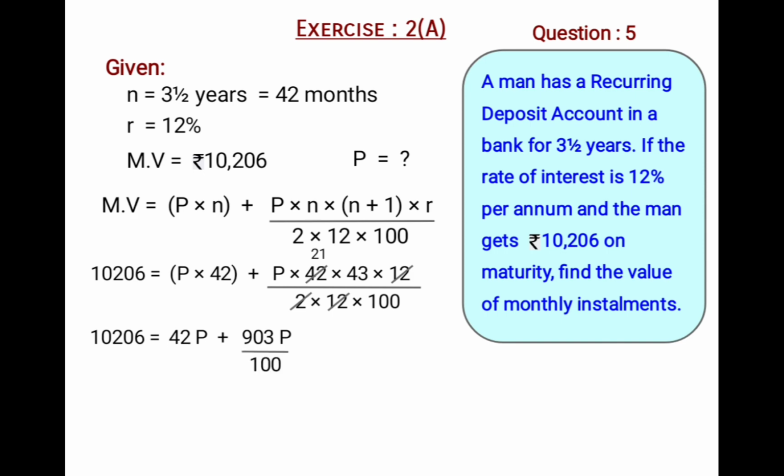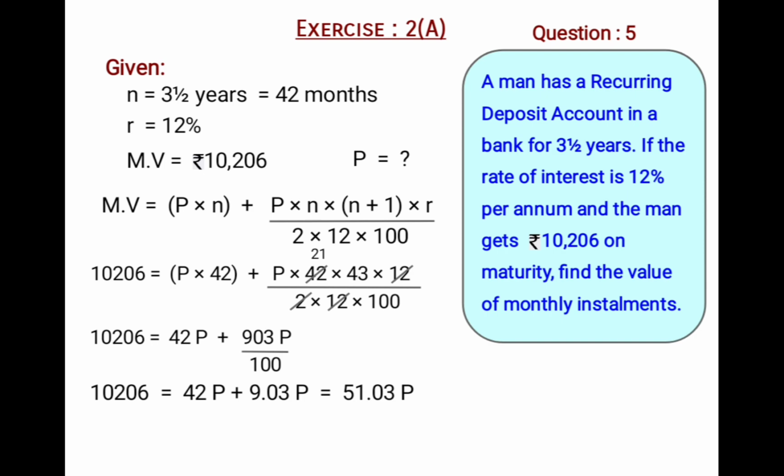Instead of taking LCM, I am going to divide 903 by 100, that is 10,206 is equal to 42P plus 9.03P. 42P and 9.03P are like terms, so I am going to add these, that is 51.03P.